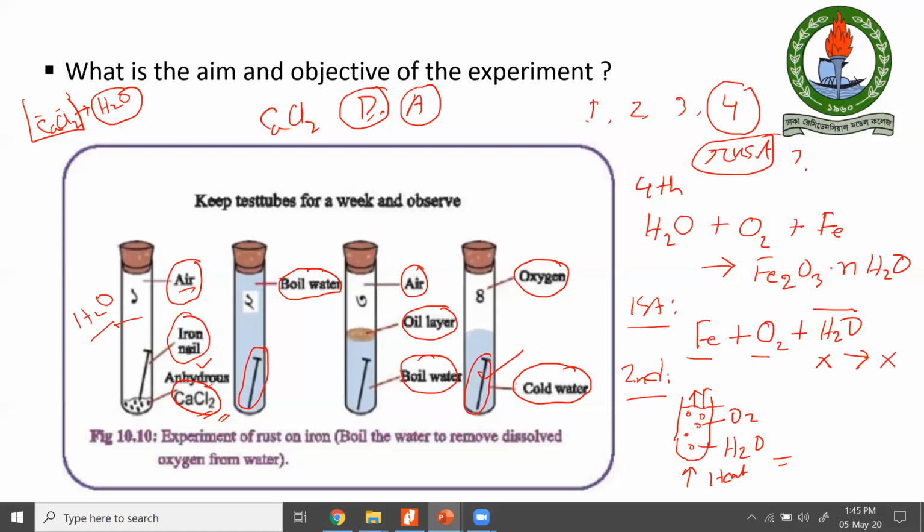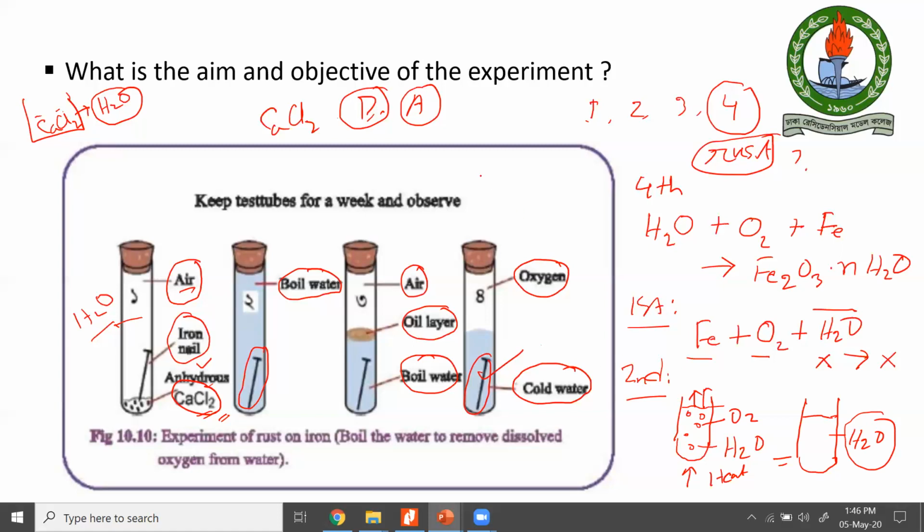As oxygen is a gaseous substance, when heat is applied the oxygen molecules are discarded from the mixture. After heating, this one is boiling water, only water will be present, oxygen will be absent.